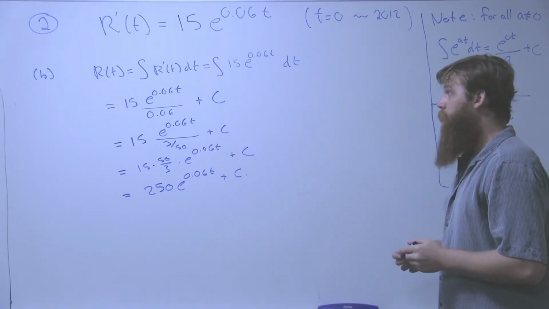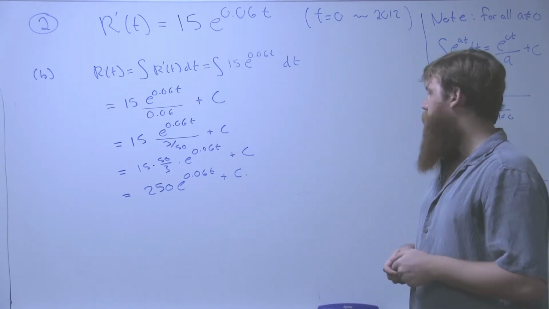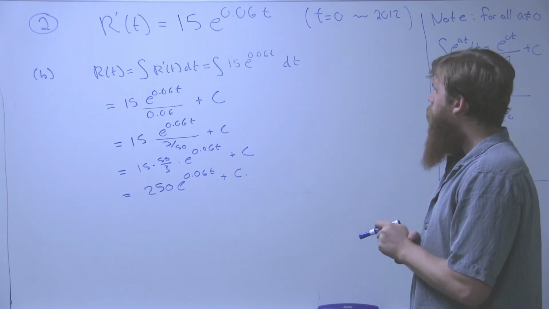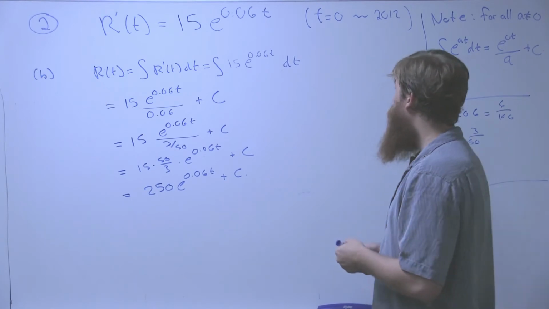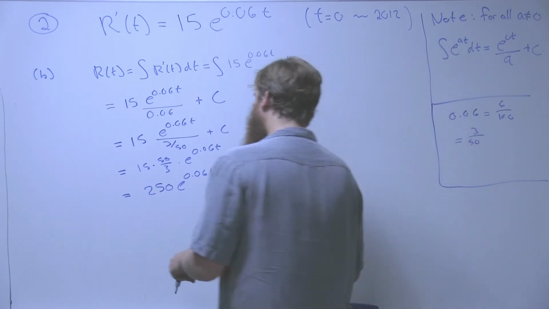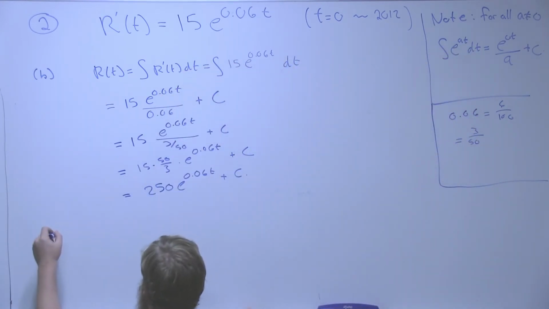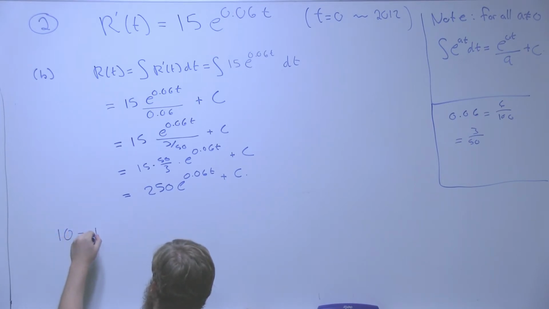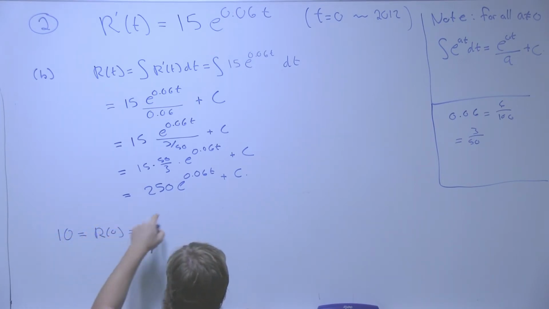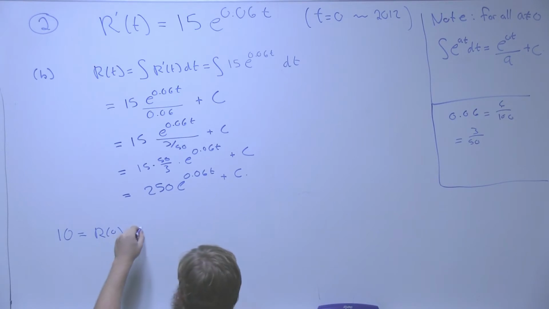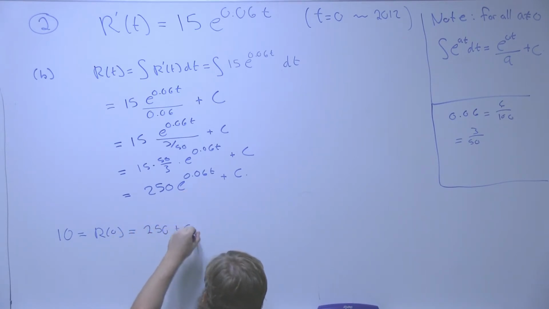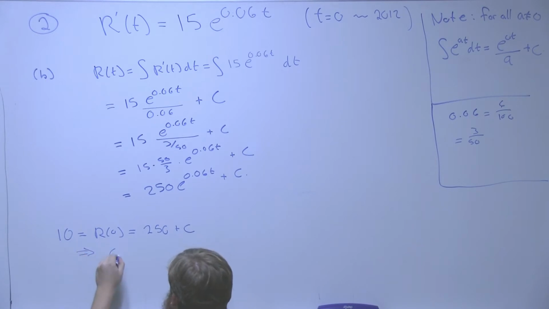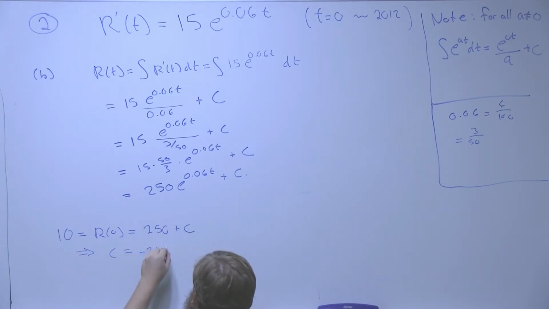In order to get an exact formula for r, we need to determine the constant c. Thankfully, we were told that 10 million metric tons were consumed in 2012. That is equivalent to saying 10 is equal to r of 0. By this formula, r of 0 is equal to 250 times e to the 0, which is 1, plus c. Therefore, c is equal to negative 240.